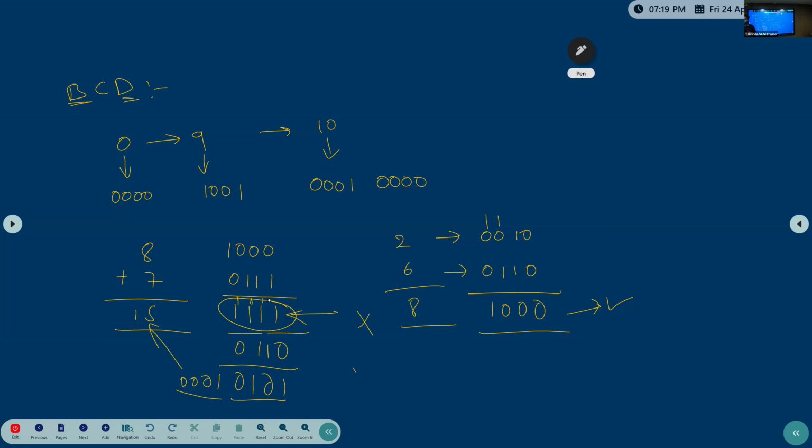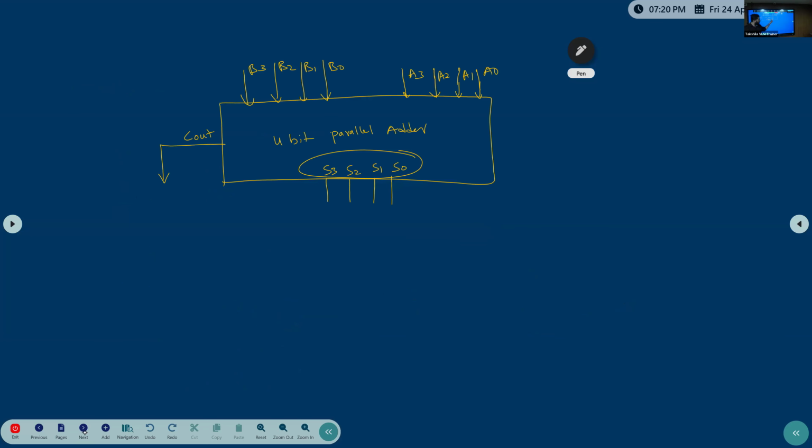So how can I do that? That is the main important thing. If I go with the K-map, how many variables of K-map do I need to implement? Four variables of K-map, so 16 things will be there.